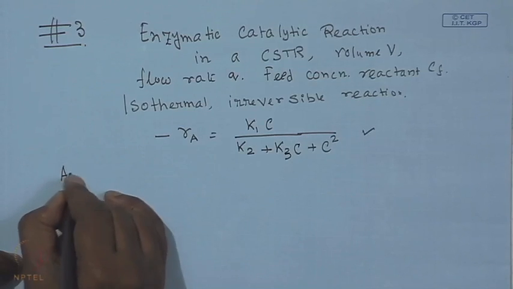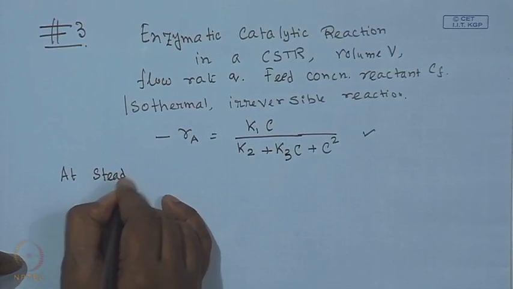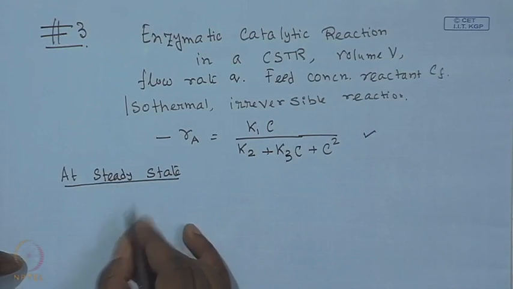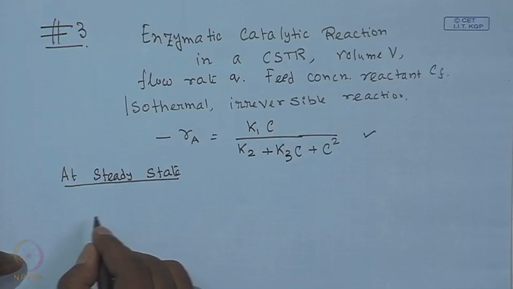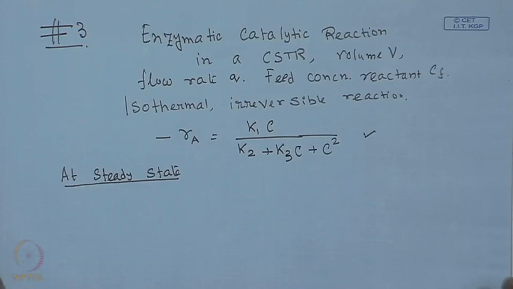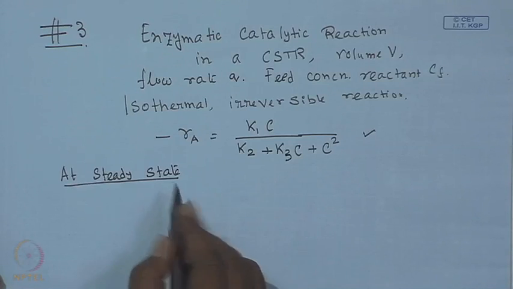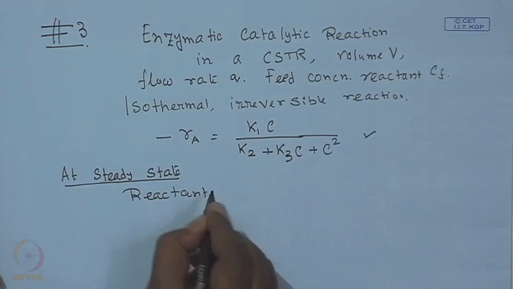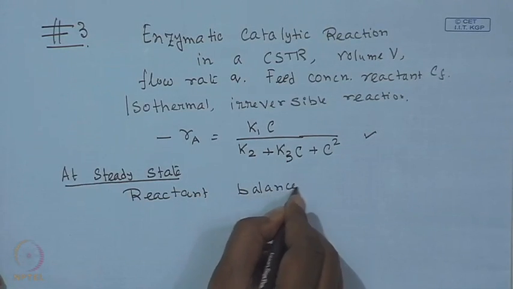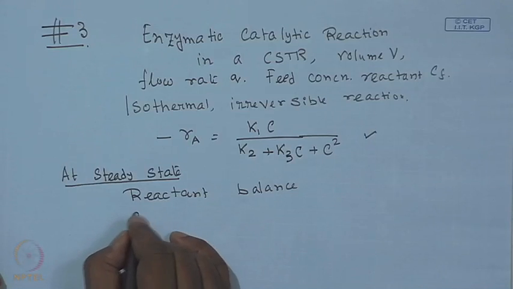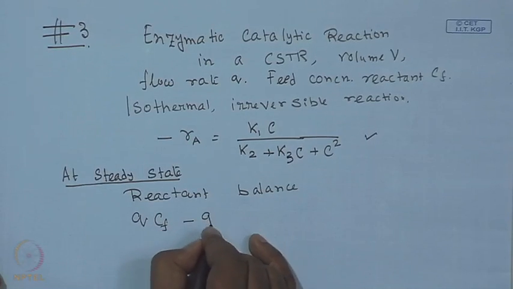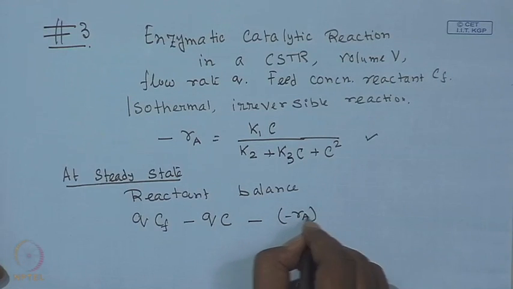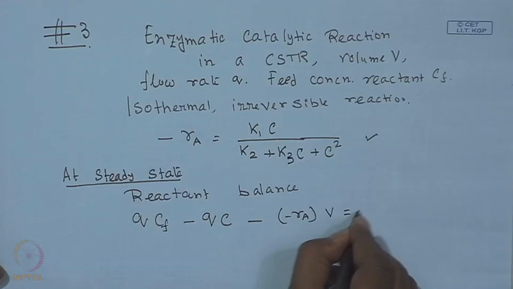So, at the steady state, we again proceed the same way as we have done in the earlier problems. We write down the reactant balance in the CSTR. So, it will be Q times CF minus Q times C minus rate of reactant A times volume is equal to 0.